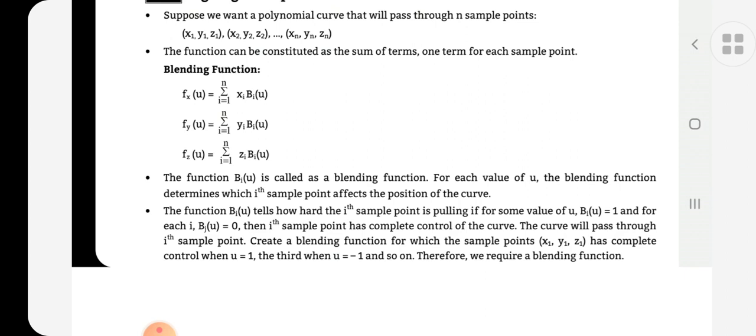The curve will pass through the ith sample point. Create a blending function for which the sample point x1, y1, z1 has complete control when u is equal to 1, the third when u is equal to minus 1, and so on.